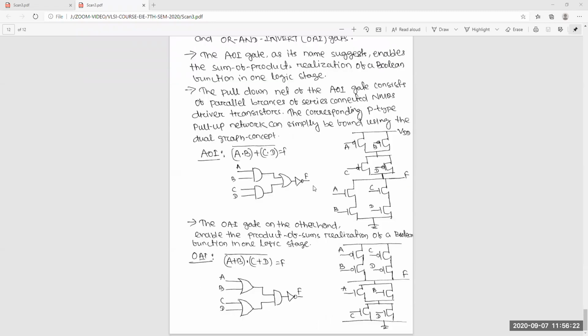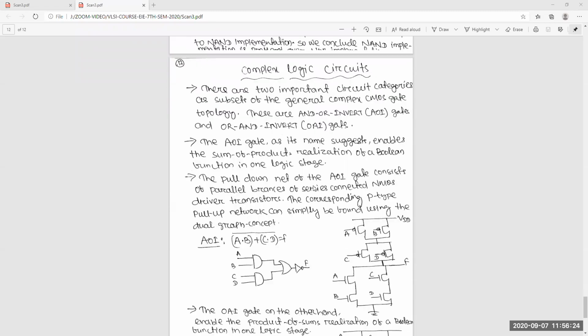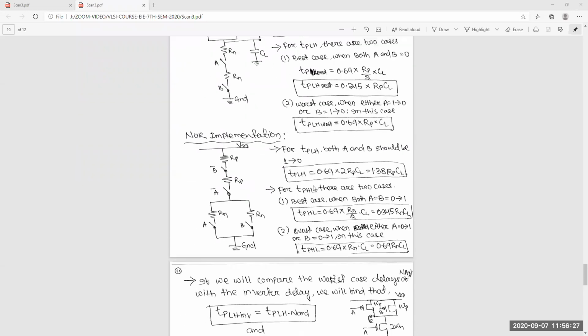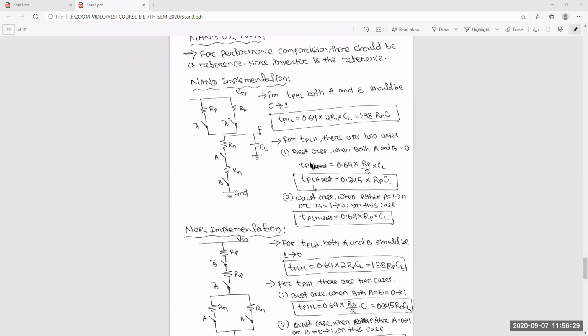And these are the complex logic circuits we have discussed. So you understood this part, why NAND implementation is preferred over the NOR implementation? Yes, sir. Sir, we also have logical effort and calculation. It is related to this only.